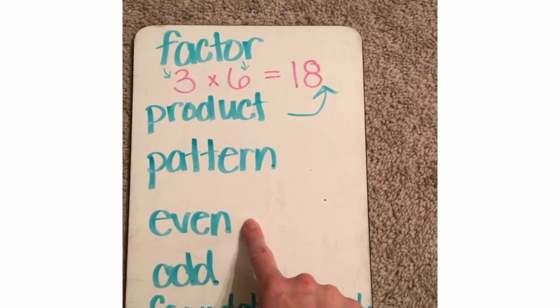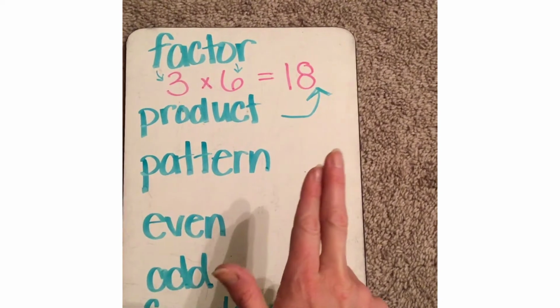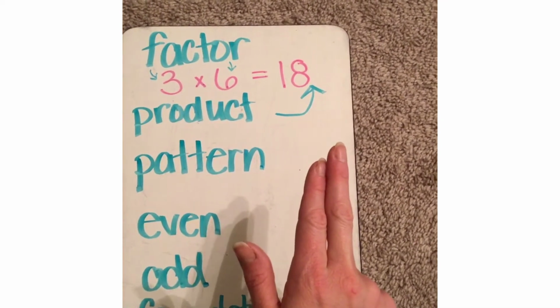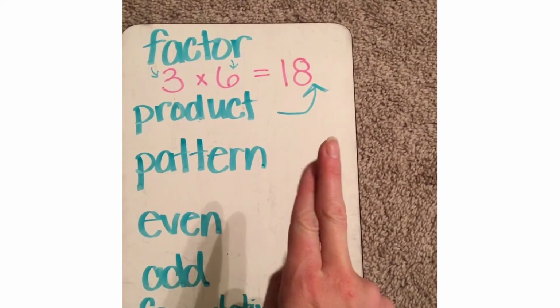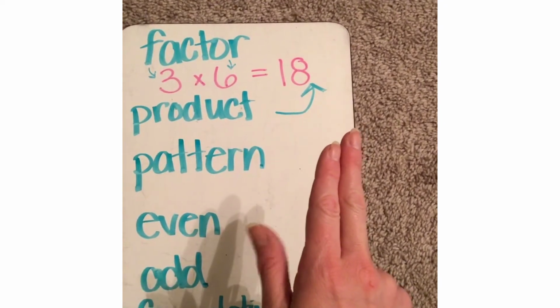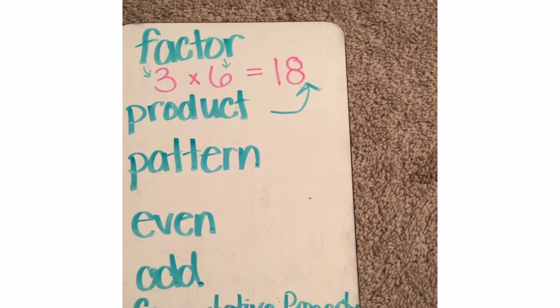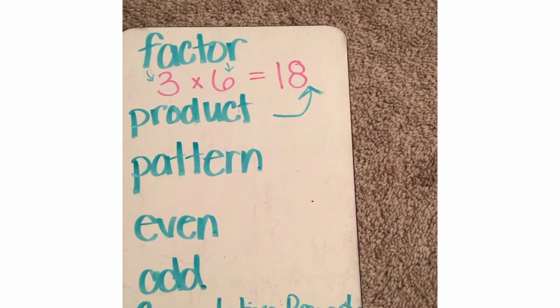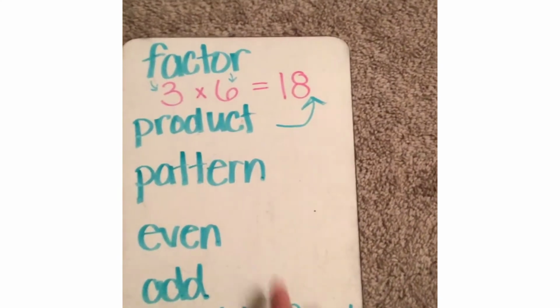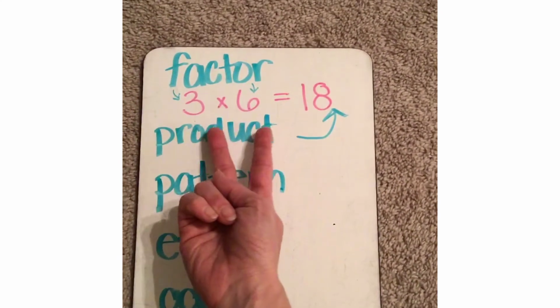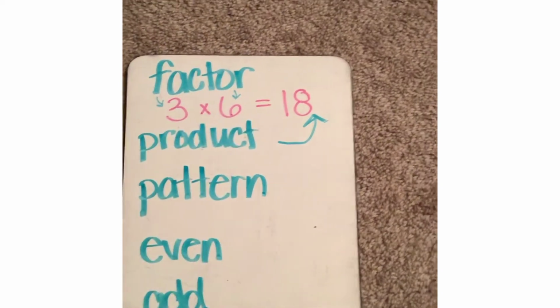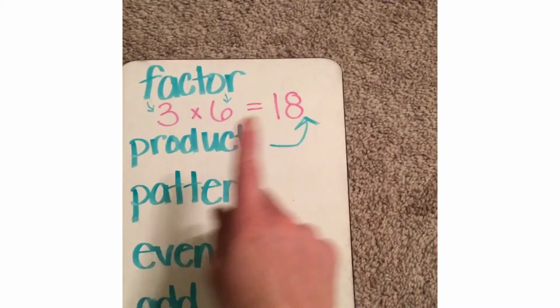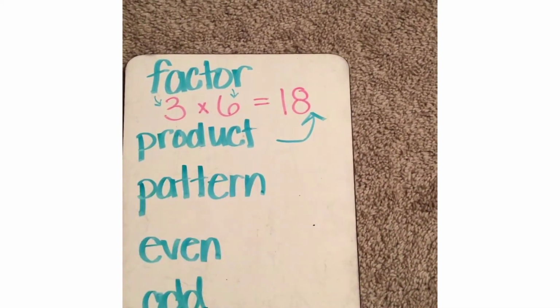Even, remember, even Steven, oddball out. Even numbers pair up, odd numbers have a leftover. And the commutative property, that would be when you switch the two factors. You still get the same product, even though it's written in a different order.